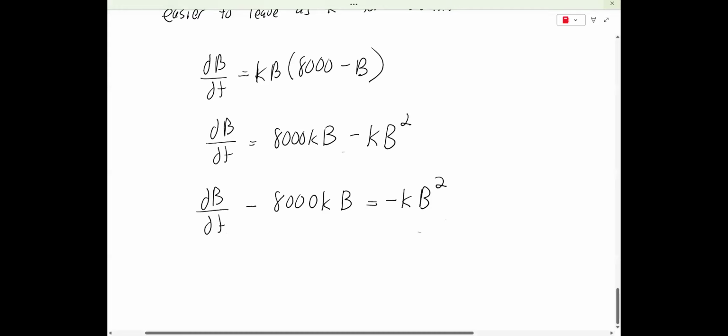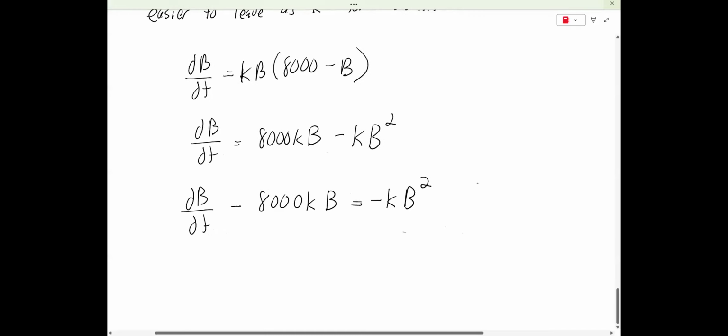Remember before we had y's and x's, with something like this and then some function of x and then the y. This is actually a Bernoulli equation, the form of it. Notice that's the key on this.